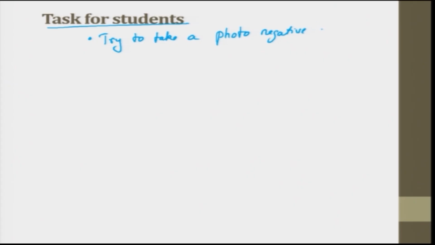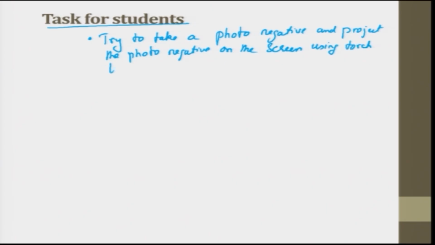Try to take a photo negative and project the photo negative on the screen, using a torchlight or some light source.